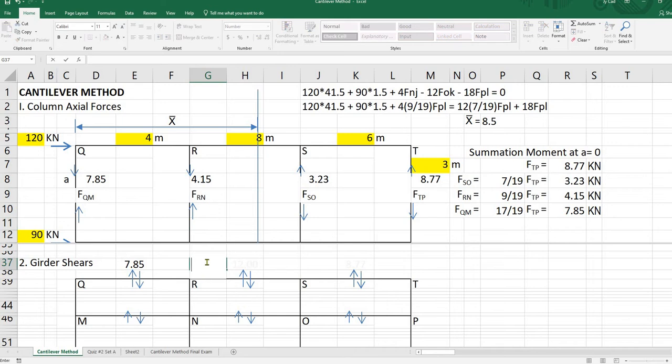And that would be equal to the sum of yan 7.85. Take note na ang direction ni 7.85 ngayon is downwards. So, gawin natin siyang negative 7.85 tapos si 4.15. Okay? That is also downwards. Kaya, plus negative 4.15.